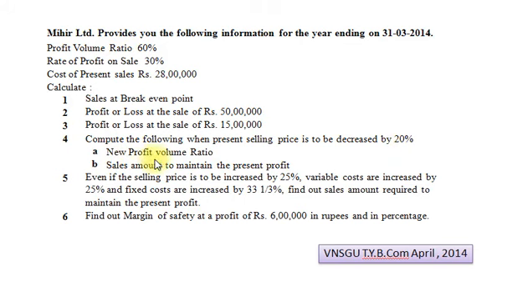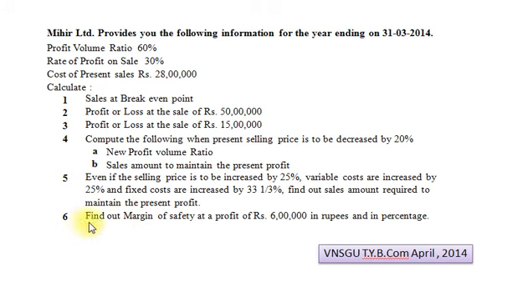A. New profit volume ratio, and B. Sales amount to maintain the present profit. Number 5. Even if the selling price is to be increased by 25%, variable costs are increased by 25% and fixed costs are increased by 33 and 1/3%, find out sales amount required to maintain the present profit.